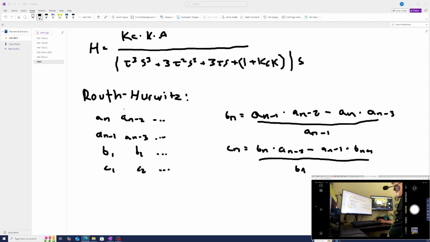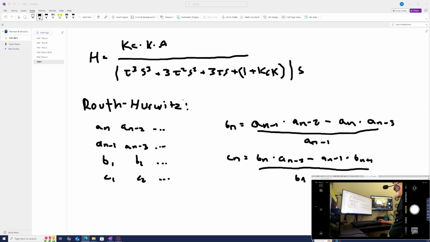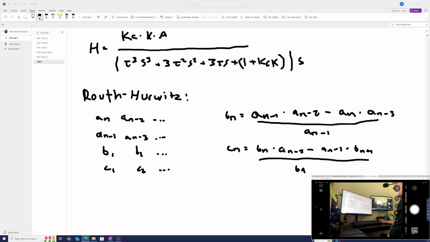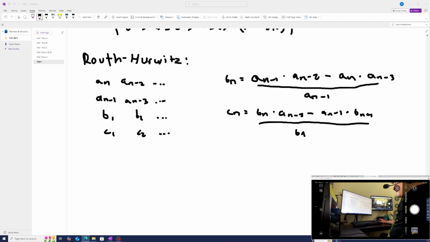So we'll be using our S as our AN, so we can now begin to transfer our values into there. So S cubed, S squared, S to the first, and then this 1 plus KcK can be thought of as being multiplied by S to 0, or just 1. So we'll begin to plug these in.